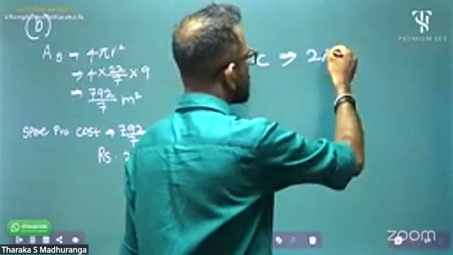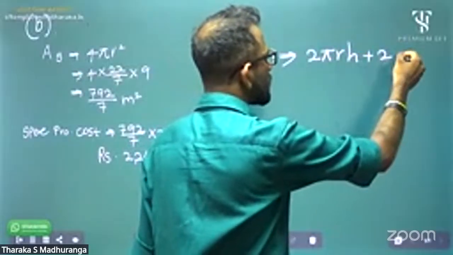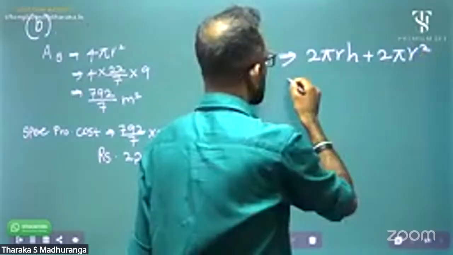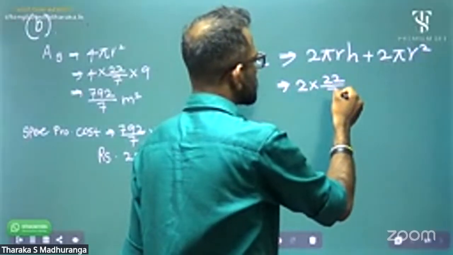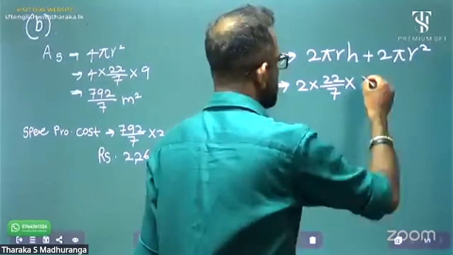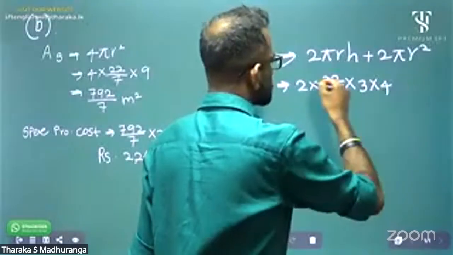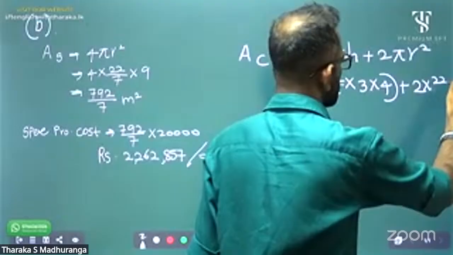It's a closed cylinder: 2πrh plus 2πr². 2 into 22/7 into radius 3 and height 4, plus 2 into 22/7 into r squared, which is 3 squared, 9.